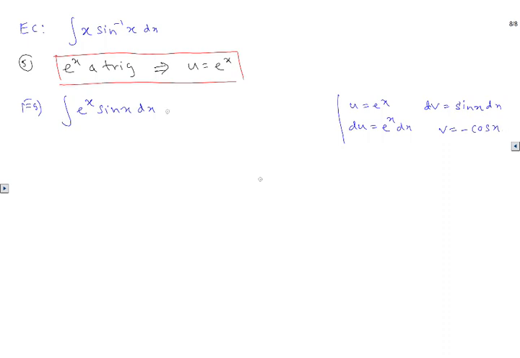Now let's plug in. So it is uv minus integral of v du. So what's gonna happen if you plug in? So you're gonna get negative e^x cosine x, and then once you plug in there, you become plus, you're gonna get e^x cosine x.